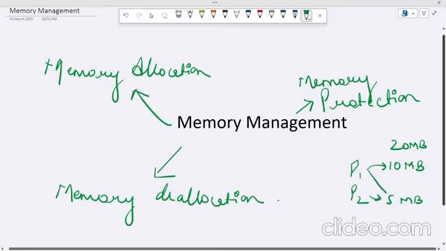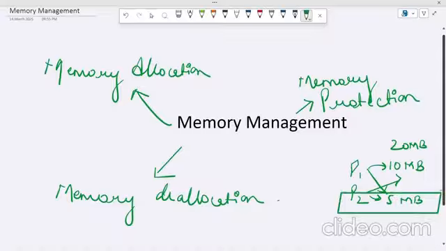P1 cannot access P2's memory, and P2 cannot access P1's memory. If P2 uses the whole 5 MB, then the process has to wait so that other memory can be allocated to it. But P2 cannot access some other process's memory. That's what we call memory protection.